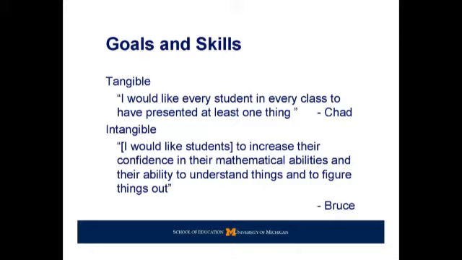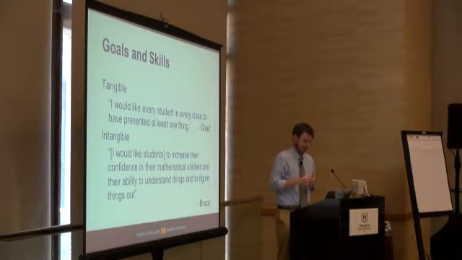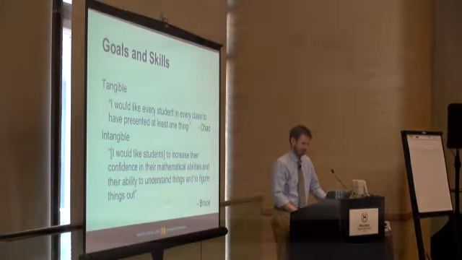It can be said that on June 20th you presented once, or it can be tallied over the course of the semester. On the other hand, we have Bruce, who gave a more intangible goal. He'd like students to increase their confidence and to gain the ability to understand things and figure things out. That's not one that can be particularly measured. How do you rate that?